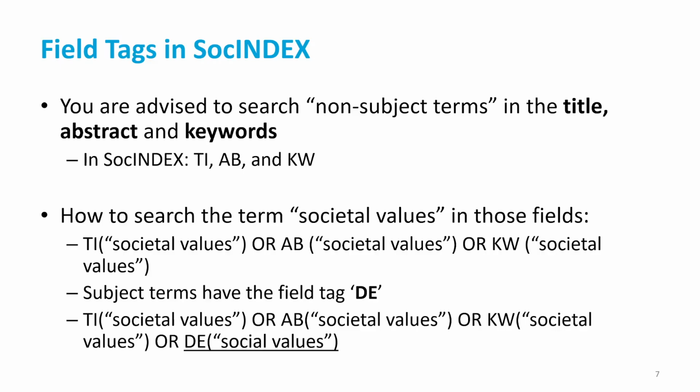So here is the term that we just got from the subject tab, and we indicate with DE that this has to be searched as a subject term. We could also search this term in the title, but then it would not operate as a subject term. So this is how it would look for SocINDEX specifically. Be aware that this may differ with other databases.